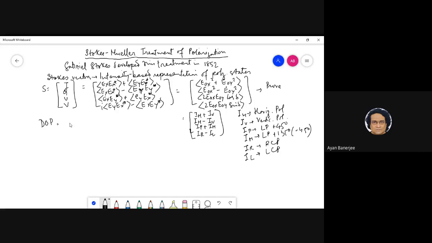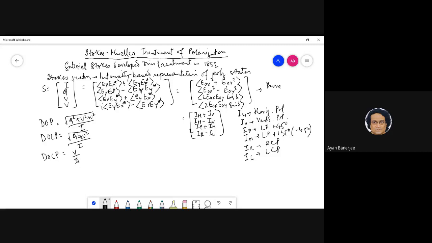The degree of polarization is given by the square root of Q squared plus U squared plus V squared, divided by I. The degree of linear polarization is the linear component, which is the square root of Q squared plus U squared, divided by I, and the degree of circular polarization is simply V by I.